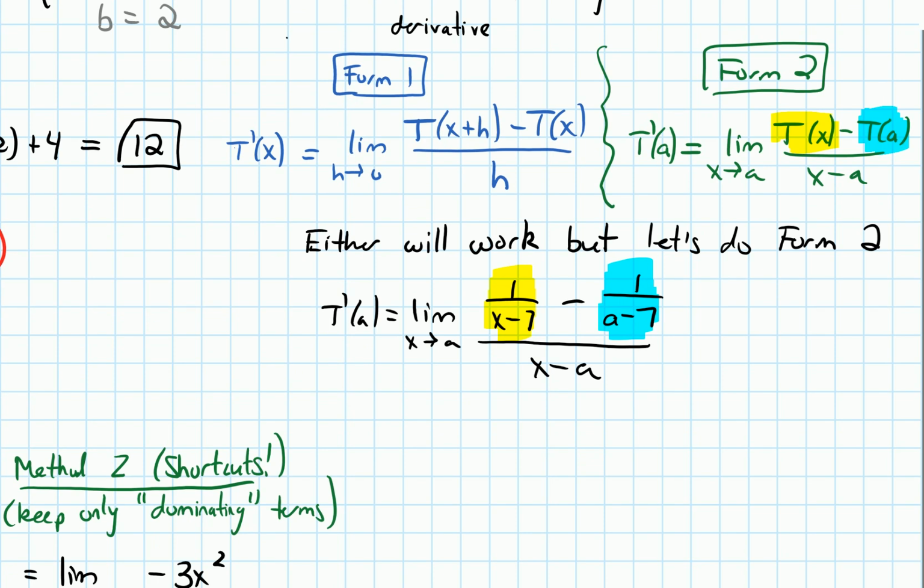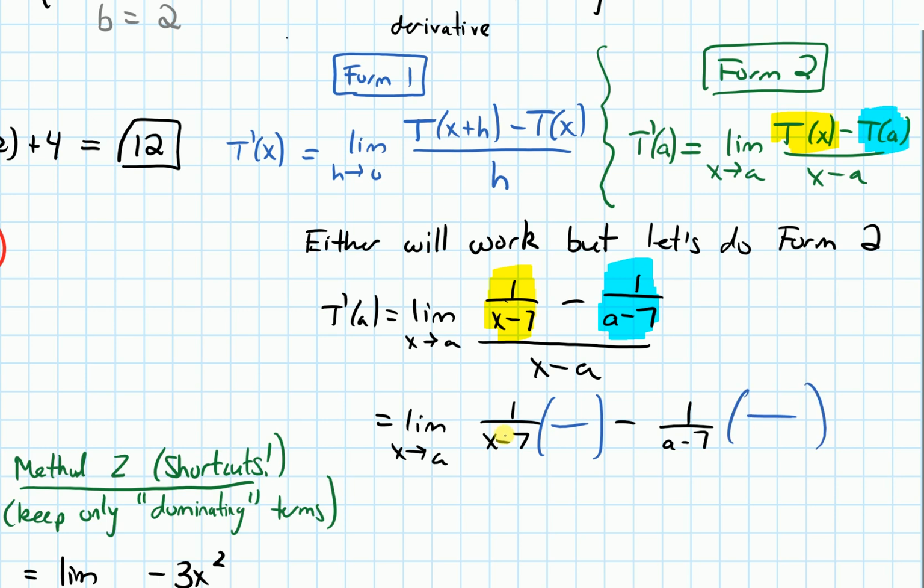We've set this thing up, now we need to simplify. So we have this limit as x approaches a, and in the numerator, I am subtracting two fractions. We do that by getting a common denominator. So we have 1 over x minus 7 minus 1 over a minus 7. I'm leaving myself a bunch of extra space so I can get this common denominator.